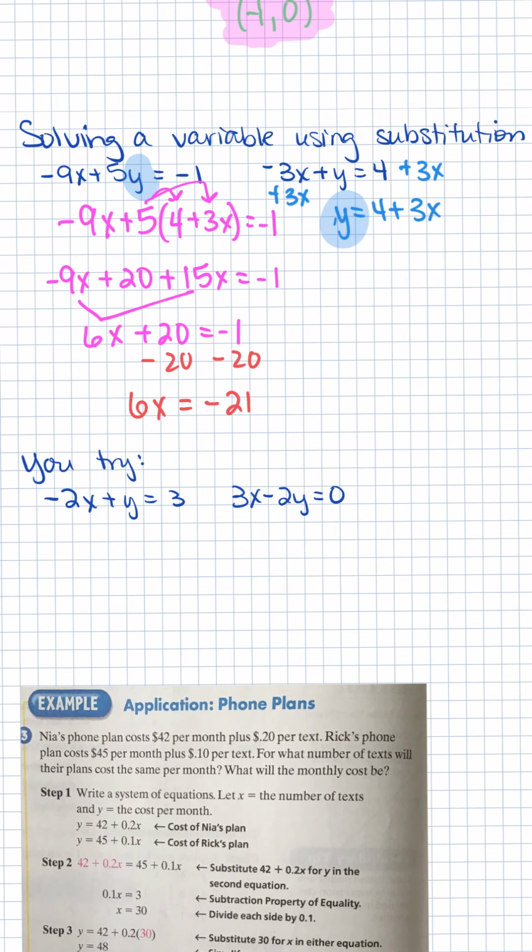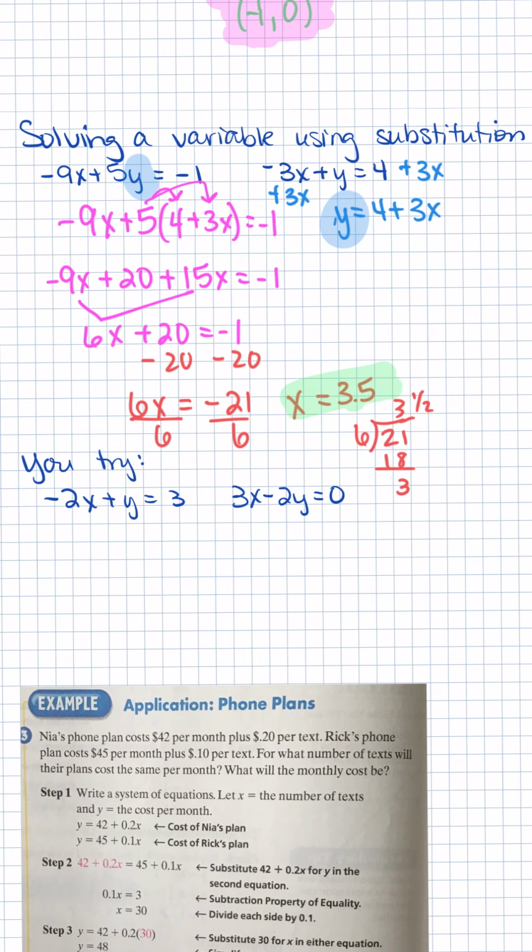And when we solve that, we're going to divide by 6. x equals, let's go ahead and divide that in there. 6 into 21. 6 times 3 is 18. 19, 20, 21, 3. So that's going to be 3 1/2. So you could write it as 3.5. So x equals 3.5.